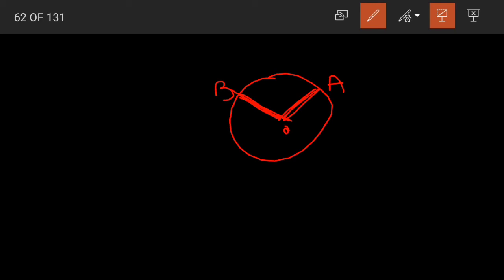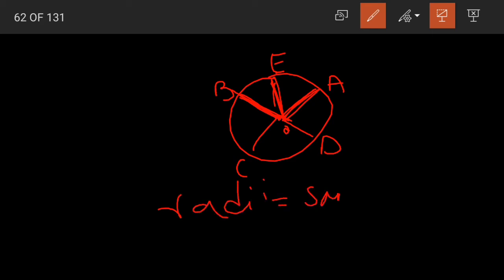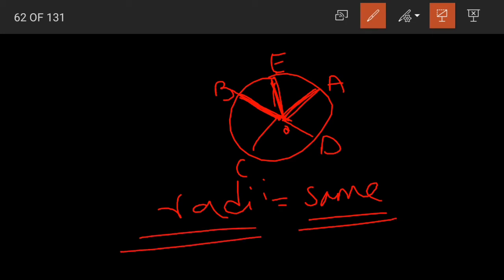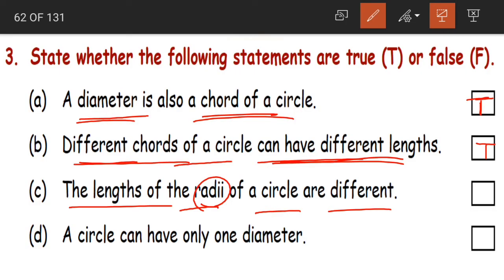Now, what is the property of radius is that no matter what you take, like OA, OB, OC, OD, from the circle you can join the line segment to any point on the circle. So no matter what, all the lengths of the radii will be the same, children.